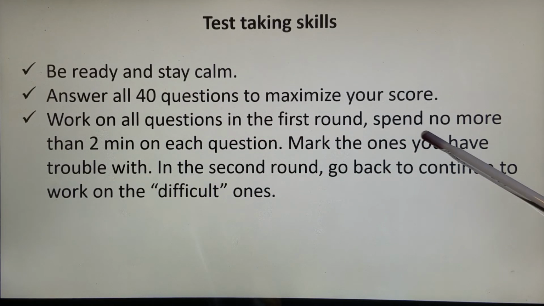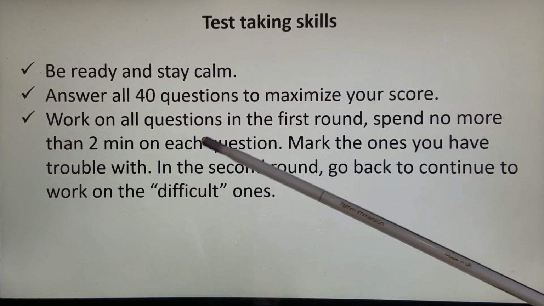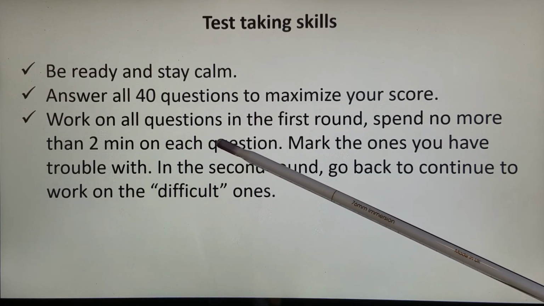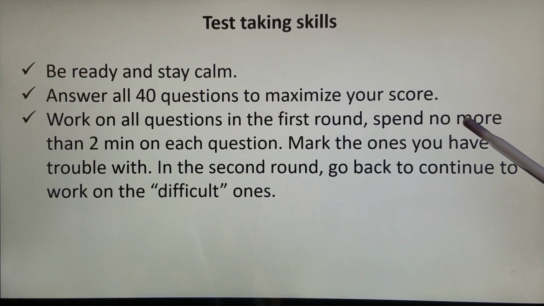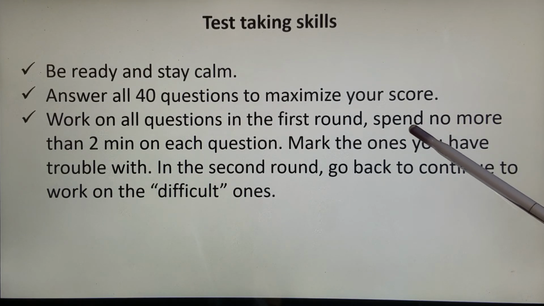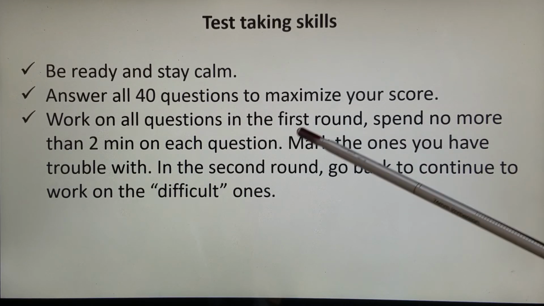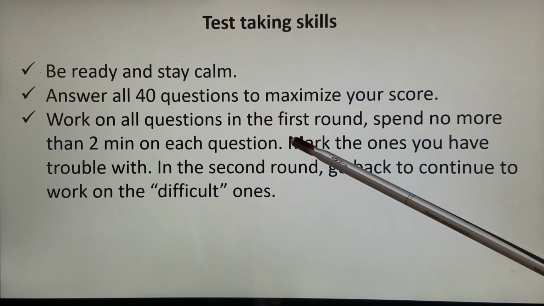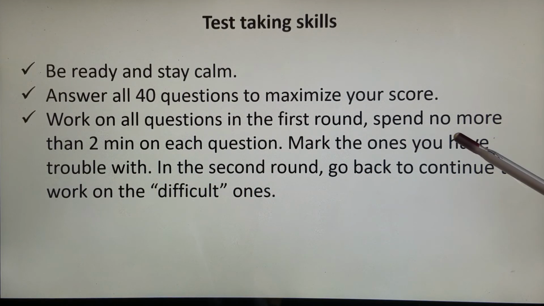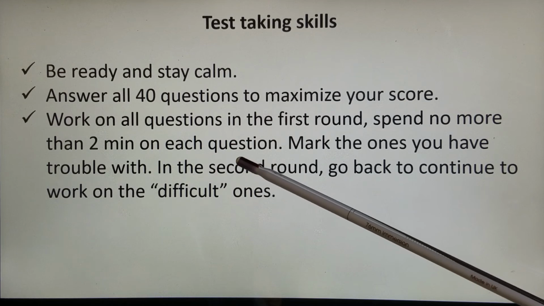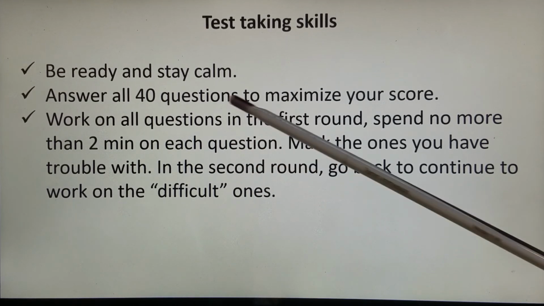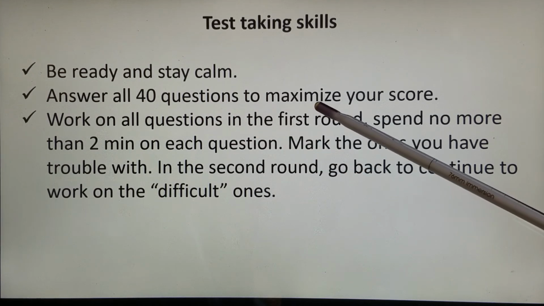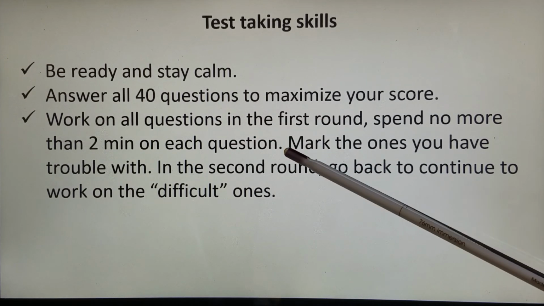And again, this is an important strategy. Time is of the essence. You cannot work on a particular harder problem for 5 minutes or 10 minutes because all questions weigh equally. Therefore, in the first round, don't spend more than 2 minutes on any given question. Just move on so that you can finish all 40 questions within the time frame.